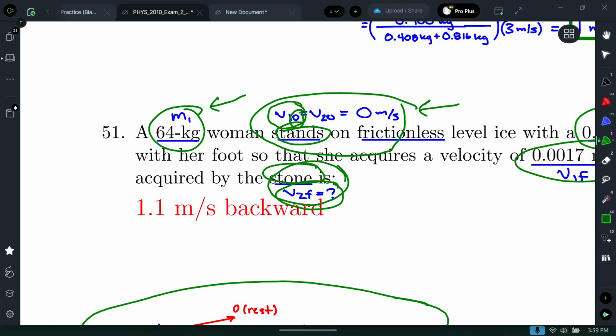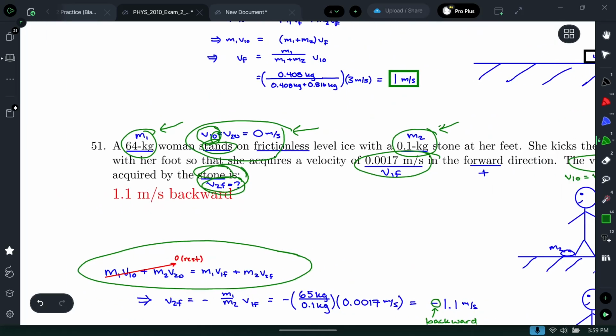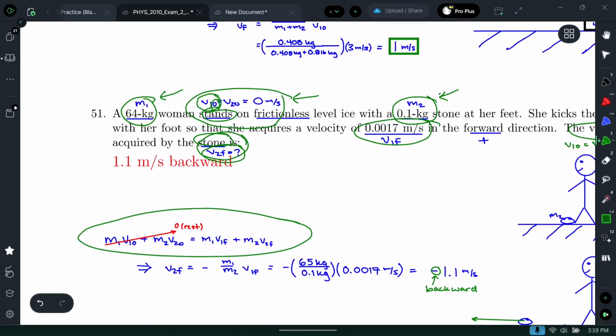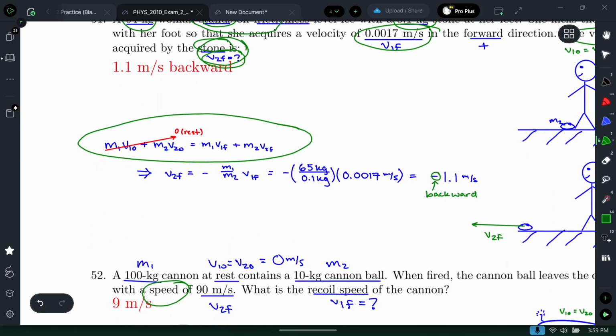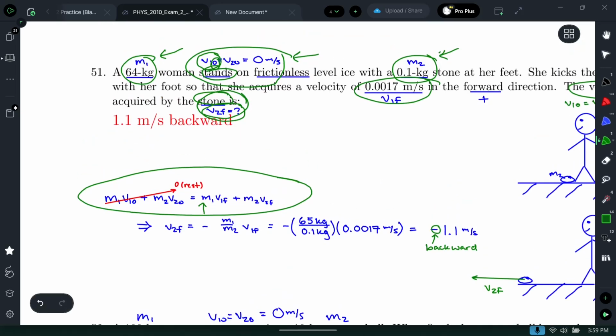And this is the velocity of the stone after the event, in this case, the kicking. So it's V2 final. If you're very meticulous with your labeling, that's the main thing that typically goes wrong in conservation of momentum problems: you put something in the wrong slot in these equations. You put mass of rock 2 in for mass 1 when you had decided originally that mass 1 was the woman's mass. Stuff like that.